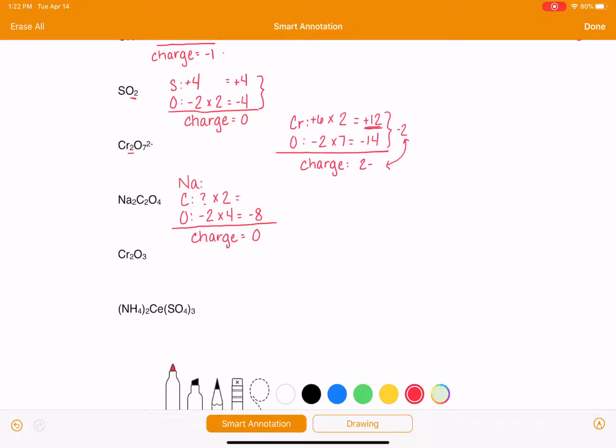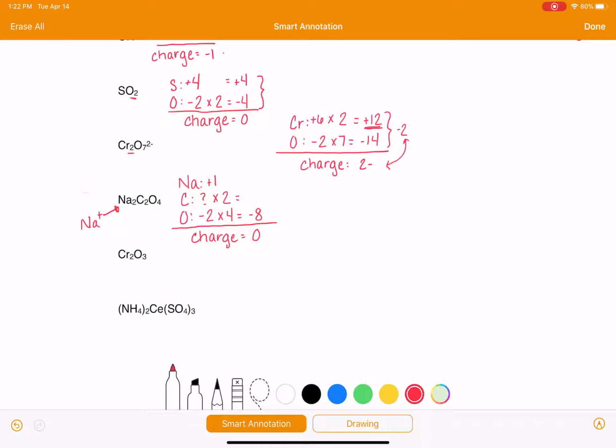And sodium, so whenever you see sodium or lithium or potassium or any of those group 1 or group 2 atoms, they are always just plain old normal cations. So sodium in any kind of compound is just the Na+ ion. So this is a +1.